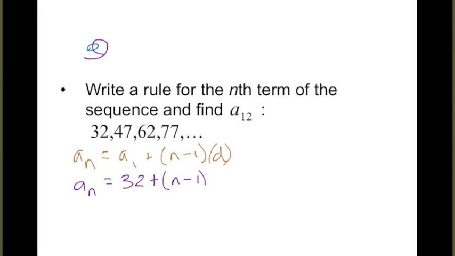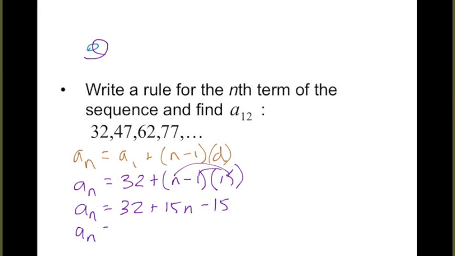N is a variable. D is a common difference, which is what we're adding as we move from term to term, which is 15. We always want to clean up our pattern by distributing. So we're going to distribute and get 15n minus 15. And then combine like terms, so we get 15n plus 17.